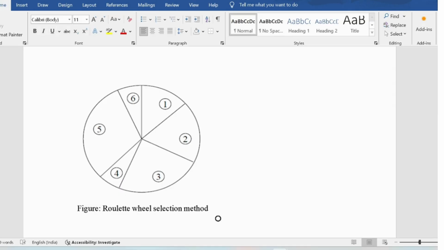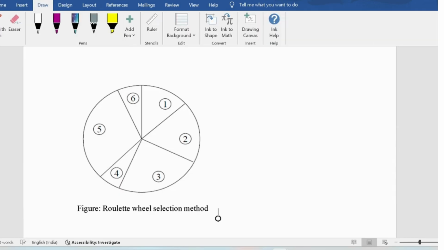In roulette wheel selection, imagine that I have a set of 6 individuals in a population. They are marked like this, and we have calculated the fitness of each of these solutions. Let us imagine we start from 0, and I am going to map the fitness values of each of these individuals using numbers.